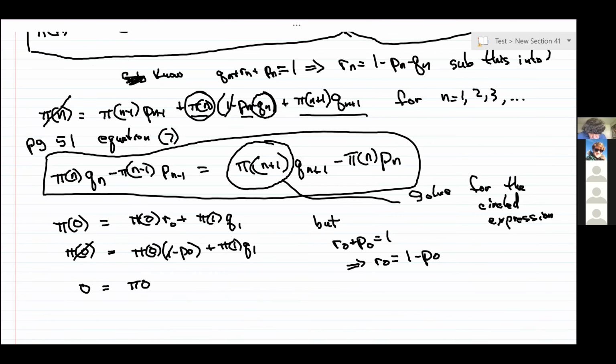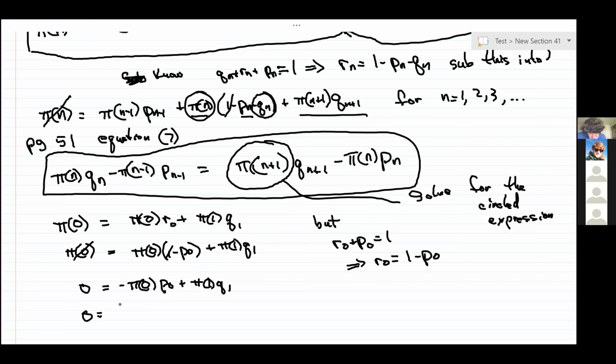Pi0, P0 with a negative, plus Pi1 Q1. Okay. And if we rewrite that, well, this is equal to 0. So we multiply everything through by negative, and rearrange it.